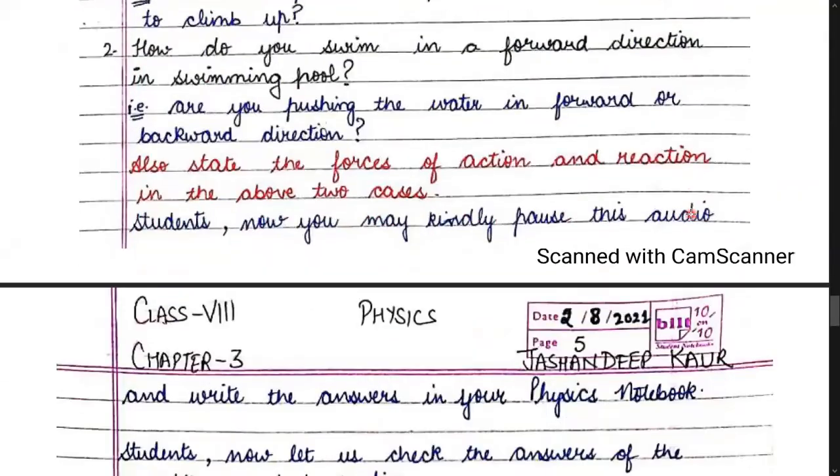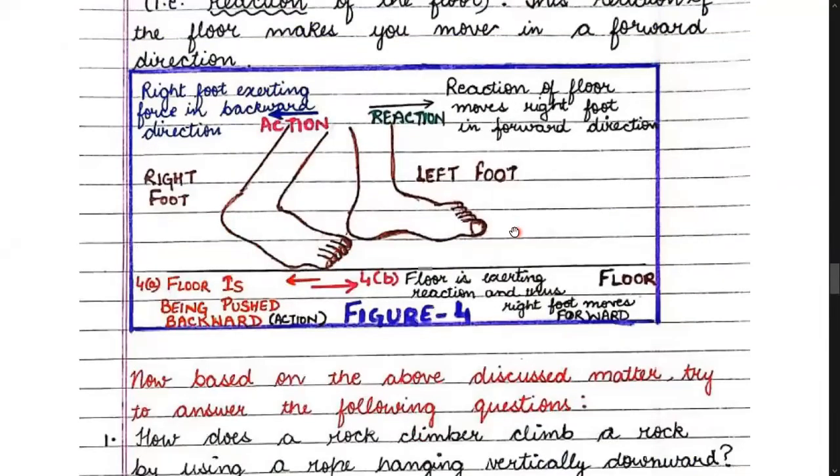Children, in this case, in 4a, what is happening here? When you have to move forward, you are pushing the floor backward. See, you are pushing the floor in a backward direction. Try, see what you are doing.